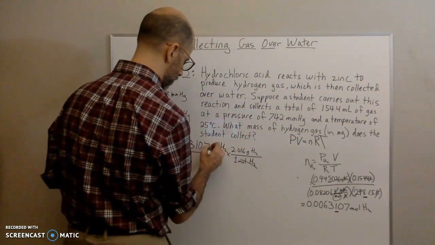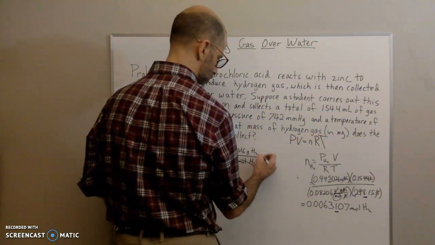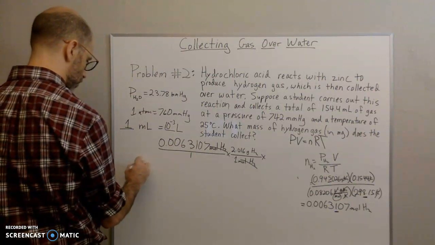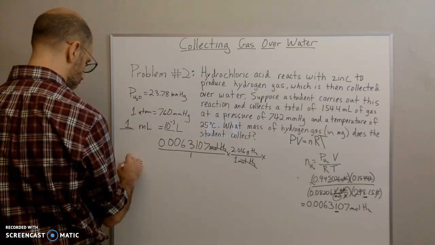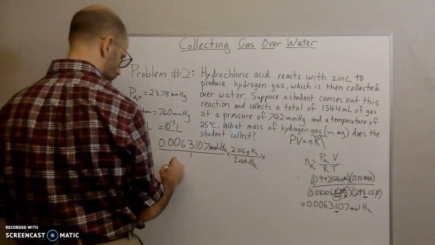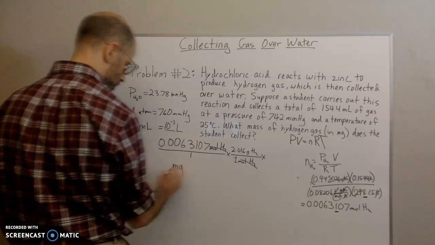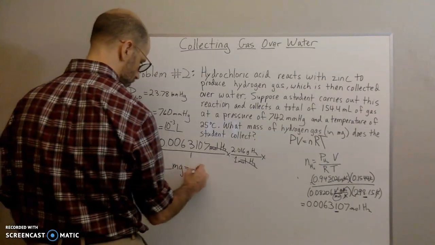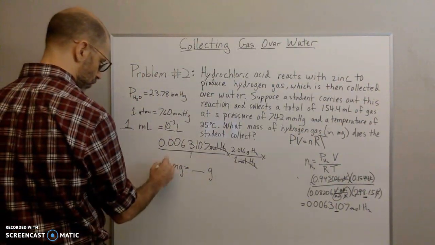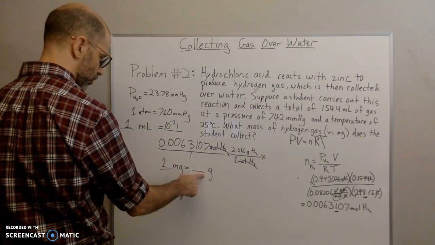So moles cancel out. But now I have grams, but I want milligrams. So once again, I'm going to use my relationship. So I have milligrams. Let's bring this over here. So a certain number of milligrams is equal to grams. I always put the 1 with the unit that has the prefix, and then the prefix multiplier goes with the base unit.